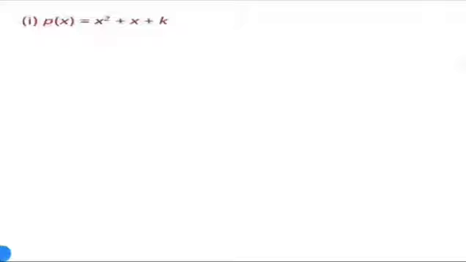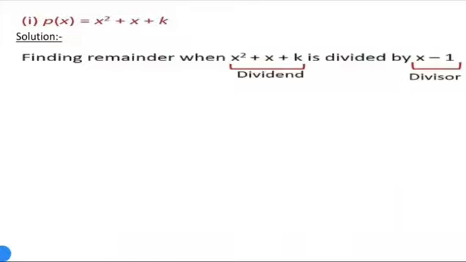So we need to find the value of k here. Write down the solution. First we need to find the remainder when the dividend is divided by the divisor. Here the dividend is p of x and the divisor is g of x.